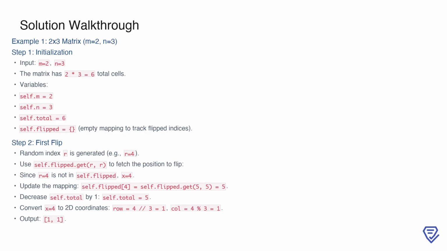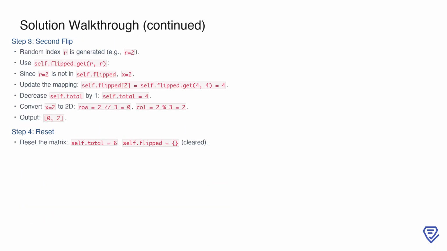This ensures that future flips will avoid the already flipped index. We then decrement self.total by 1, making it 5, and convert the 1D index x equals 4 to 2D coordinates. Using integer division and modulo, we find the row as 1 and the column as 1, so the output is [1, 1].